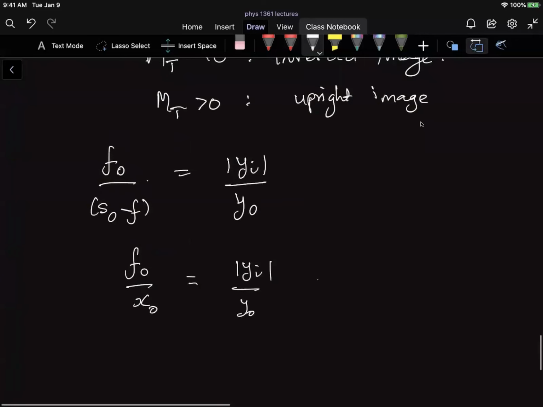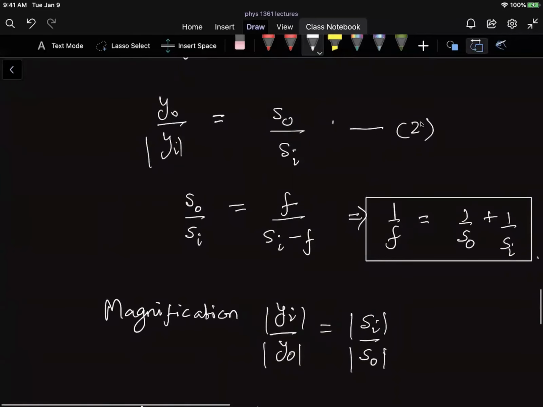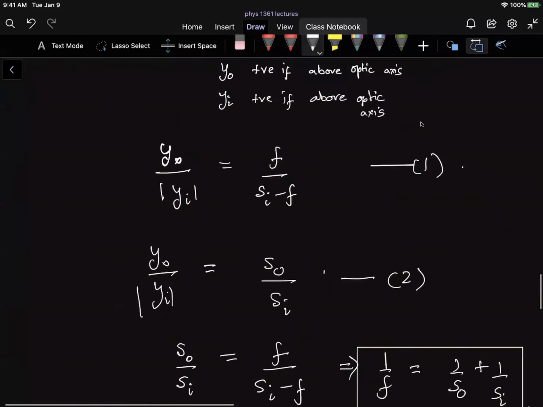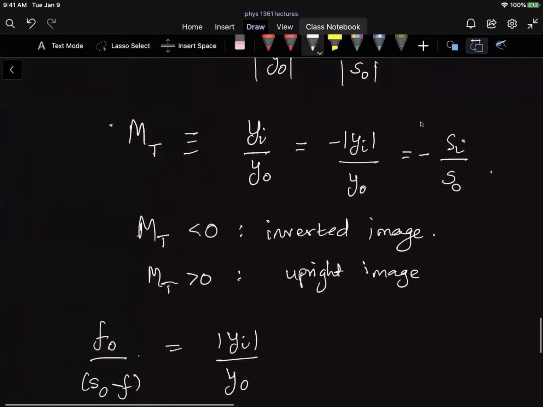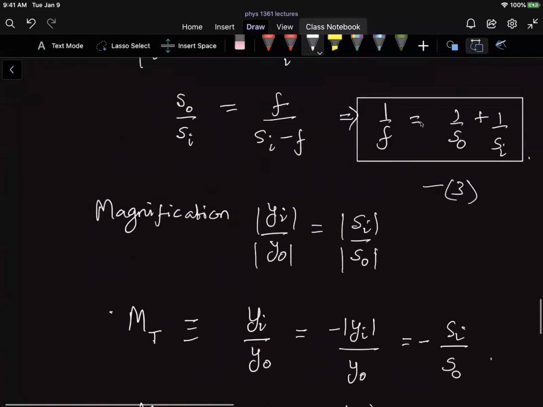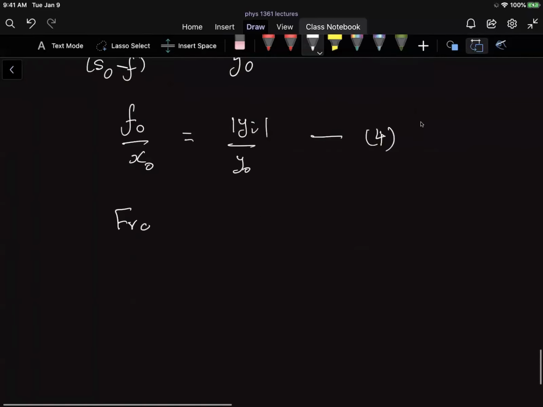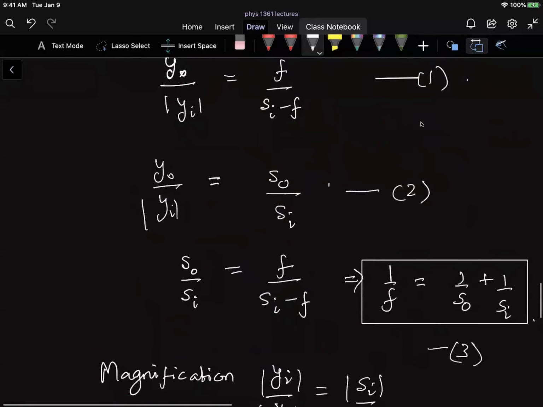And I'll call this equation, let's see, I have equation 1, 2, I guess I could call this equation 3 because that's the Gaussian lens formula. But from equation 1, we have that Yo divided by Yi is the same as F divided by Si minus F. So if I call this equation 4, from 1 and 4, equating 1 and 4, and remember Si minus F, this quantity over here, is simply Xi.